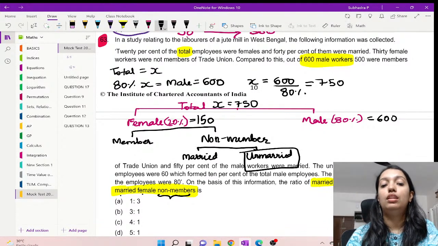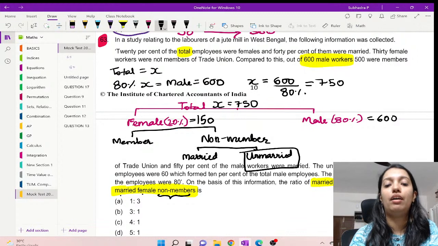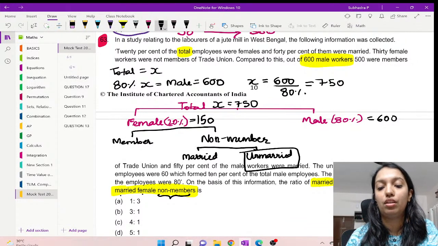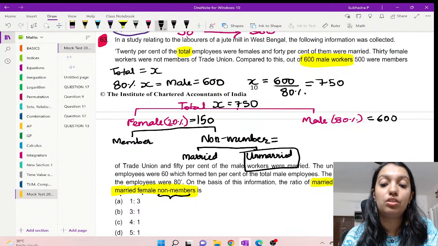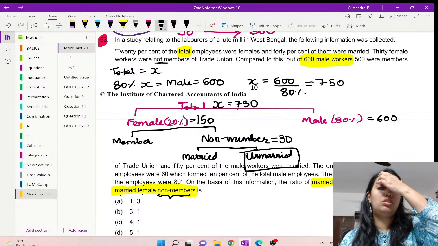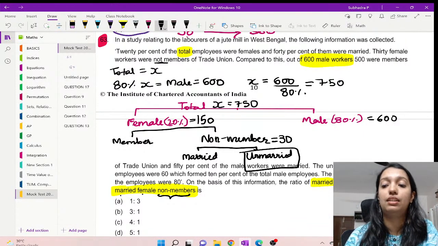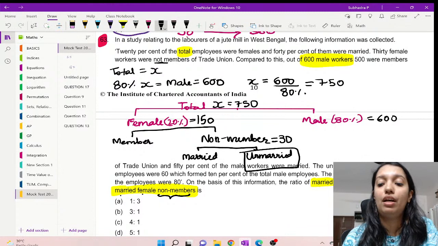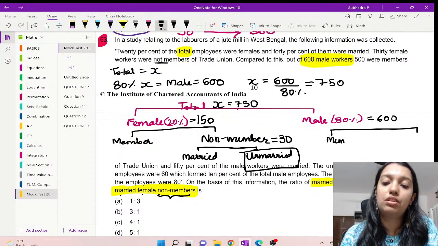Next. 30 female workers were not members of trade union. Non-members are 30. Next. Out of 600 male workers, 500 were male members. So members totally are 500.